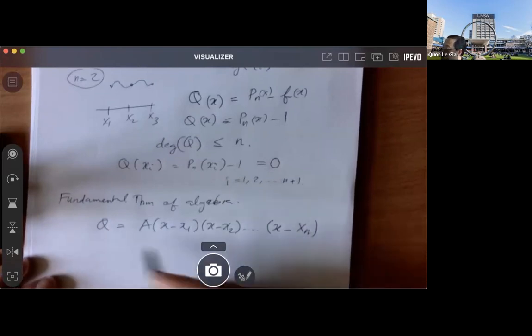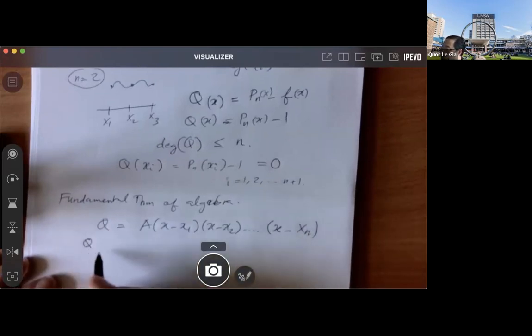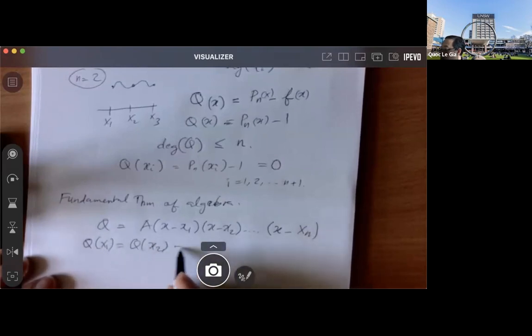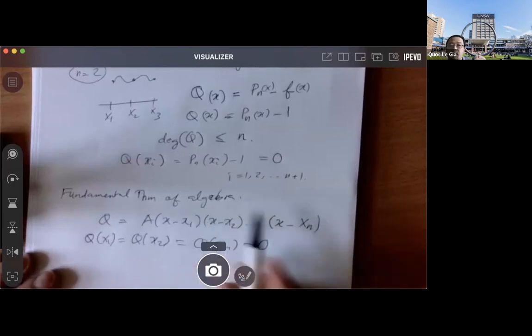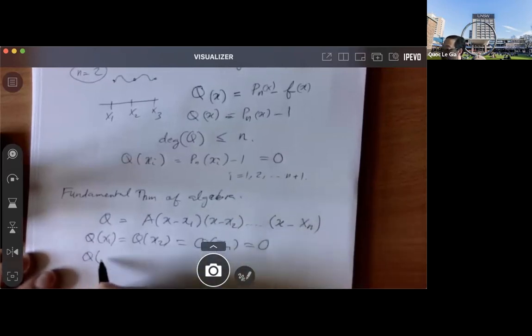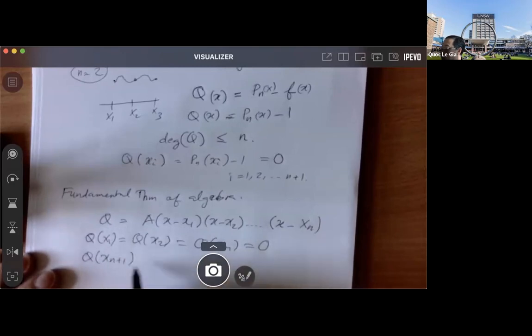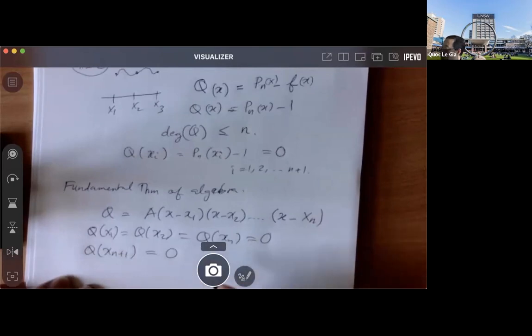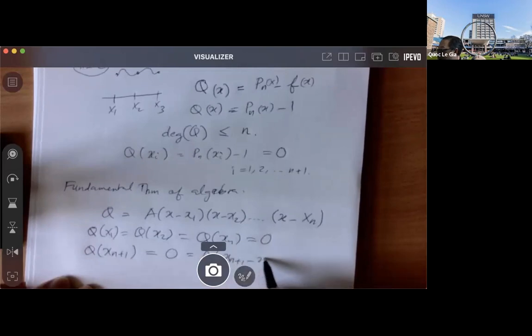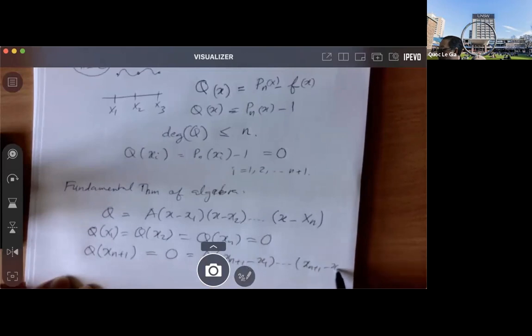Then Q of x1 equals Q of x2 equals Q of xn equals 0, definitely, you just plug it in. But the last point, Q of x(n+1), also equals 0. But Q of x(n+1) equals a times (x(n+1) minus x1) up to (x(n+1) minus xn).